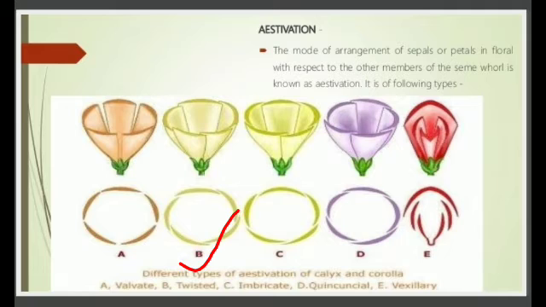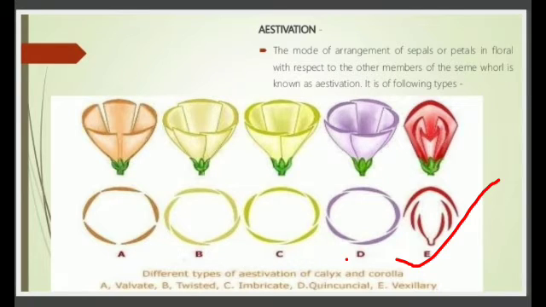It is seen in China rose. When two margins of an appendage are completely inside and one completely outside, and the remaining are twisted, then it is termed as imbricate estivation.